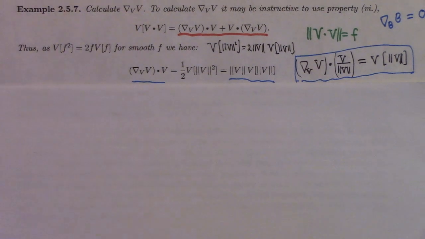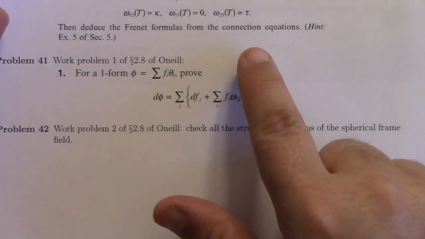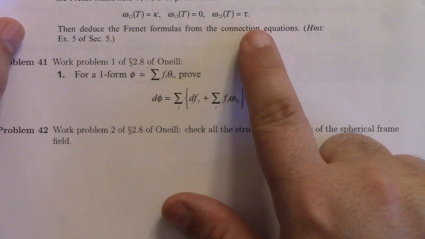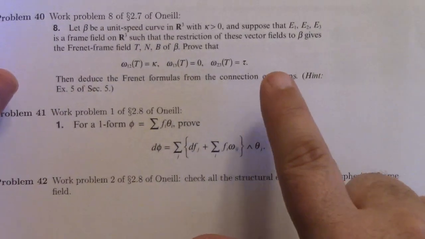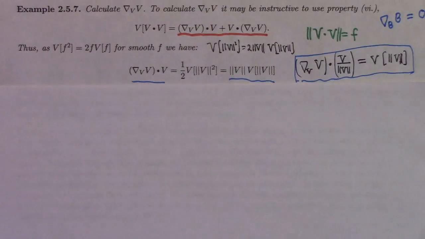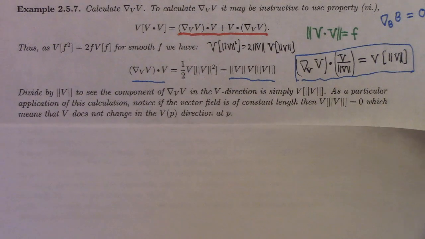Now, one of your homework problems explores the covariant derivatives of the Frenet frame, not exactly in that sense, but this problem 8 is actually related to this discussion, because problem 40, which is problem 8 of section 2.7 of O'Neill, asks you to look at the covariant derivative of the Frenet frame. And so that homework problem will connect back partly with the discussion we're having at the moment. But in order to properly understand it, we need to get to connection forms, and I haven't said hardly anything about that yet, so let's get on with it here.